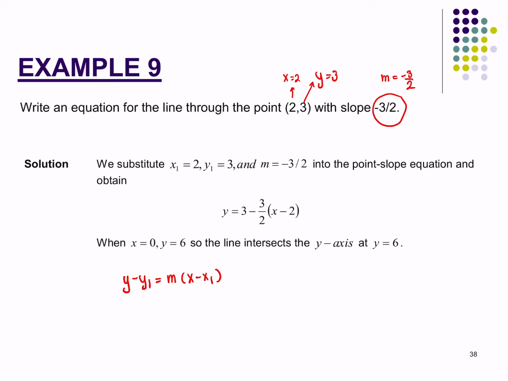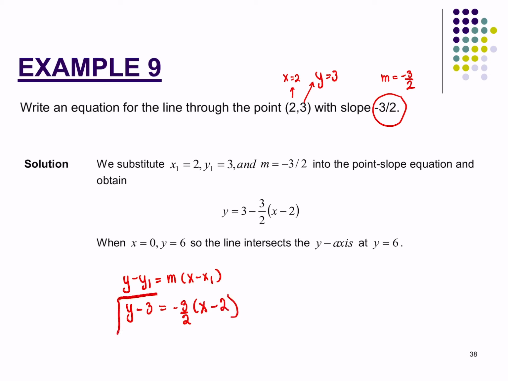Okay, so you have y1 that is equivalent to 3, and you have the value of m, or the slope, which is minus 3 by 2, and then multiply with x minus x1. This x here is the variable, and x1 here would be equivalent to 2. It's already given to you from the question.